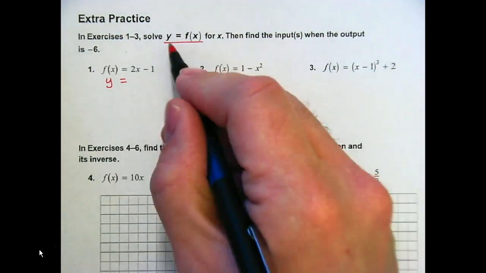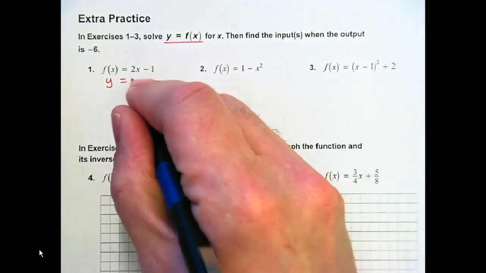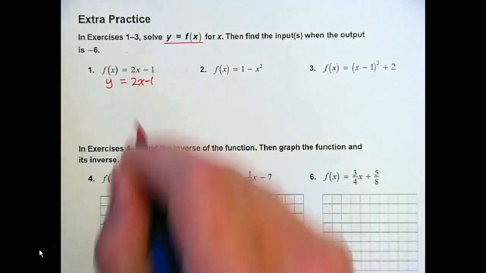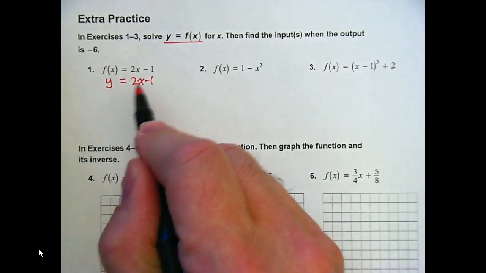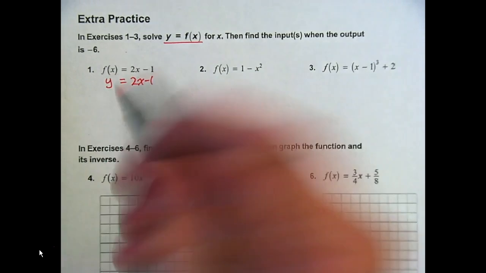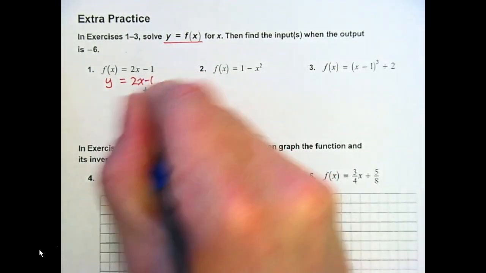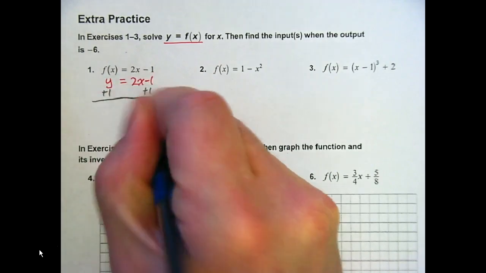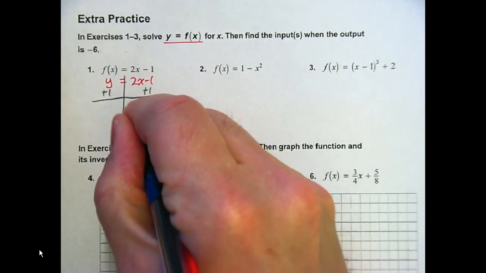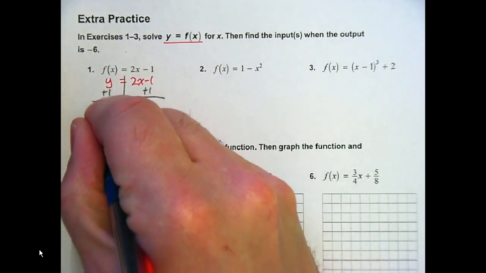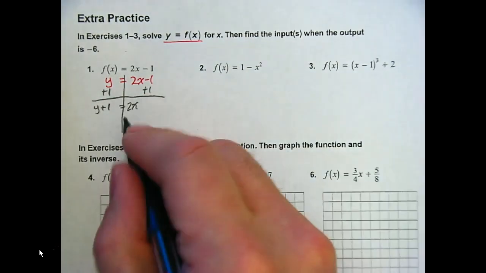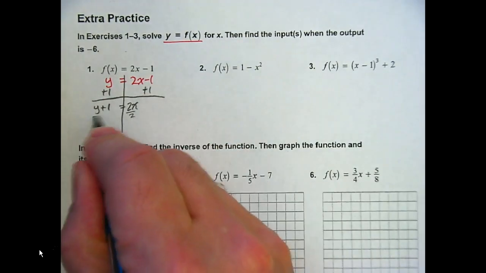Solve y equals f of x for x. So that means make f of x y, and now solve for x, meaning get x by itself. Add 1. And then divide by 2.